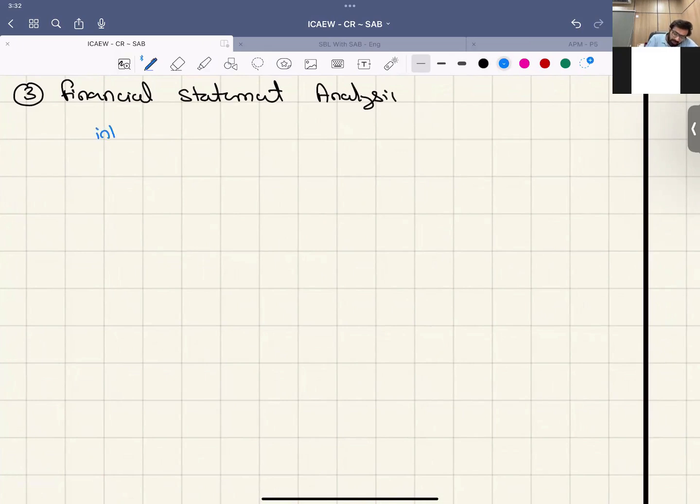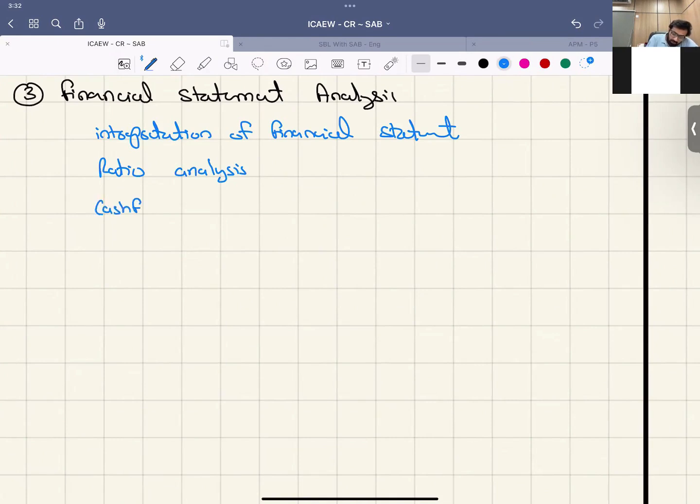What I can say is interpretation of financial statements. It's easy. Then ratio analysis, we can say in this paper, it is ratio analysis and cash flow analysis as well. Here, the first time we can comment on cash flow analysis as well. We haven't done that in ACCA, but here we have to do it.